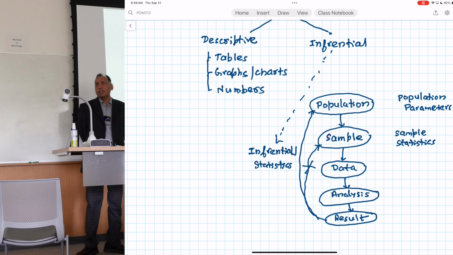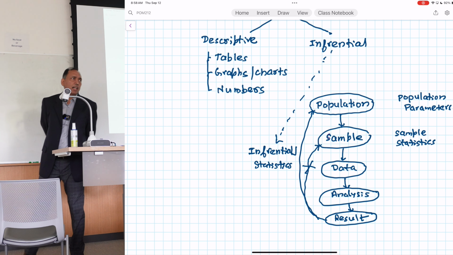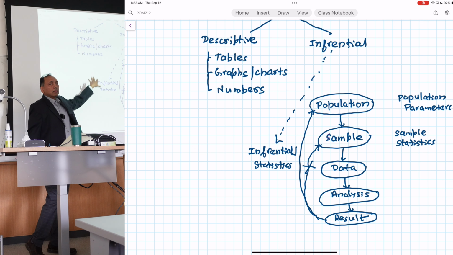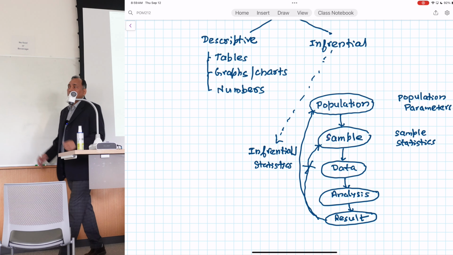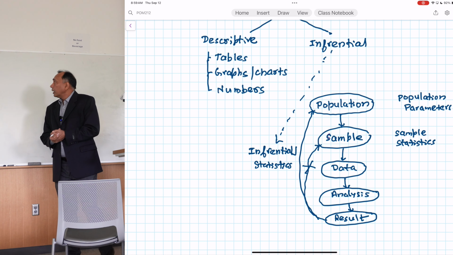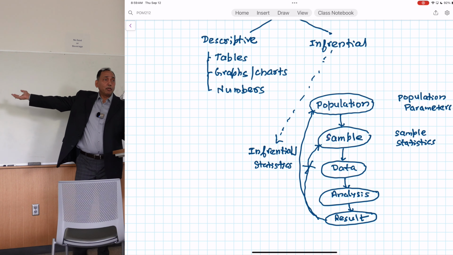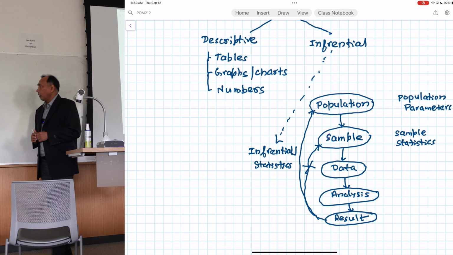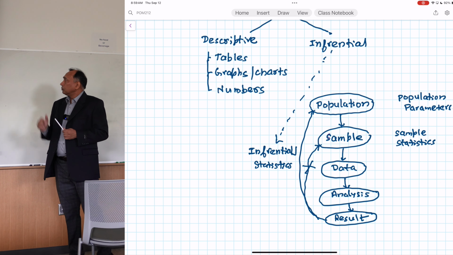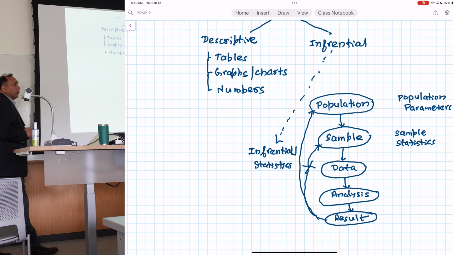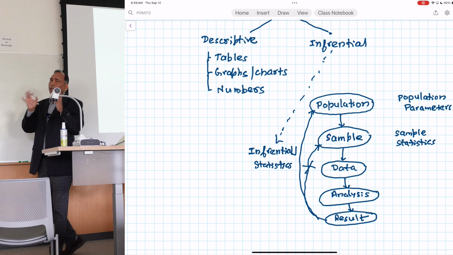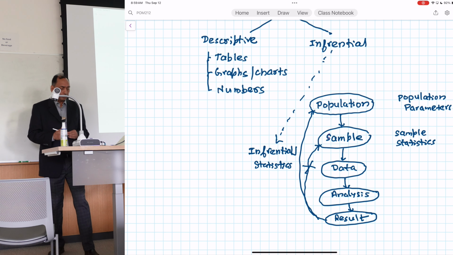Descriptive statistics is very basic: graphs, charts, tables, numbers. But in inferential statistics, you go some extra steps. Many things are automated nowadays because you have computers, like using the right statistical methods and all that. That's what is called inferential statistics, and that's where we spend more time in this class.